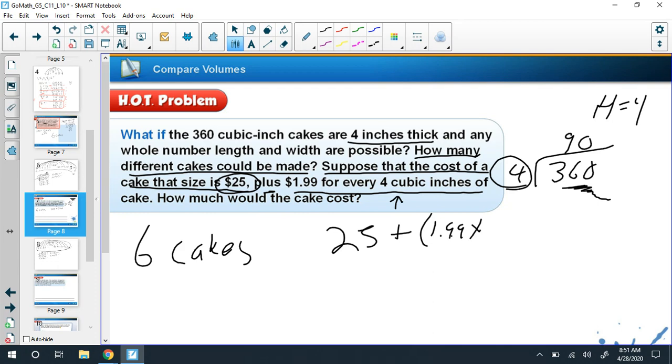We're going to get 90 four-cubic-inch sections out of the cake. So we would multiply 1.99 times 90, and then that's how we would solve this problem. I would simplify this in real life to say that $1.99 is basically $2, and 2 times 90 is 180, and to that I would add 25.